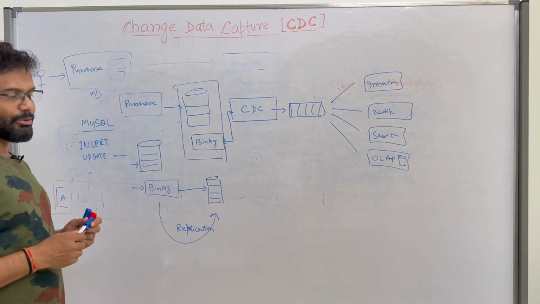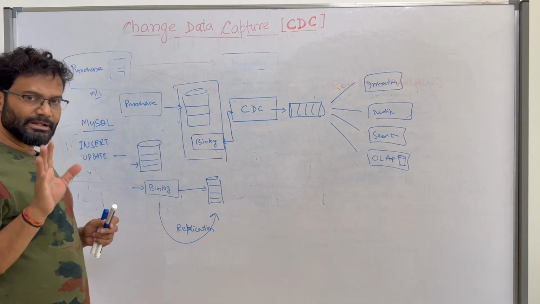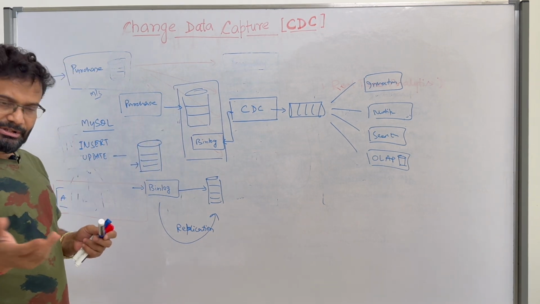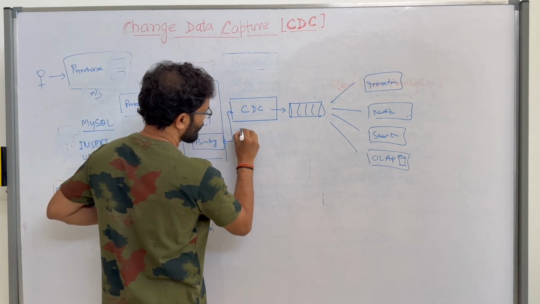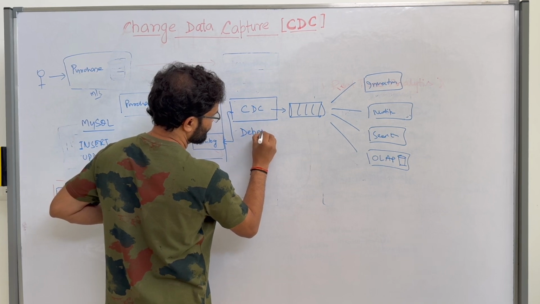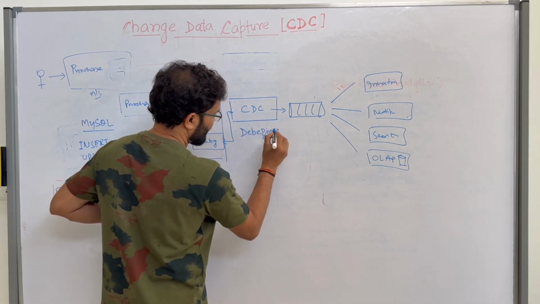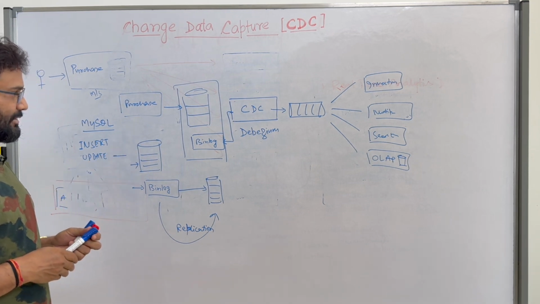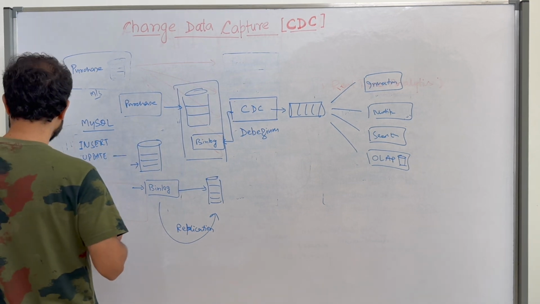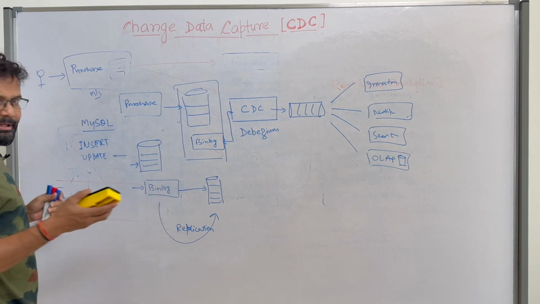So this is what we are going to implement, and there are many open source tools in the market that give this facility. We are going to talk about Debezium here. Debezium is an open source tool by which you can set up these things. Let me explain my demo.